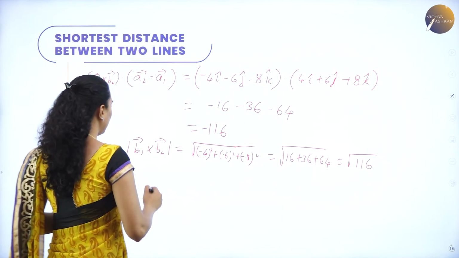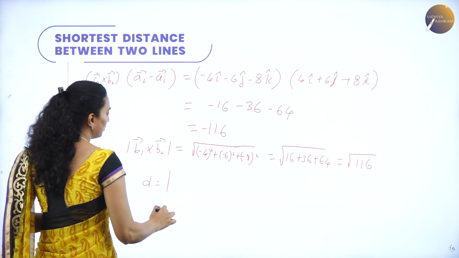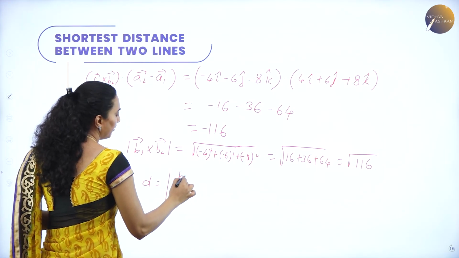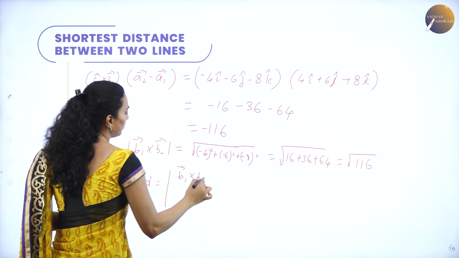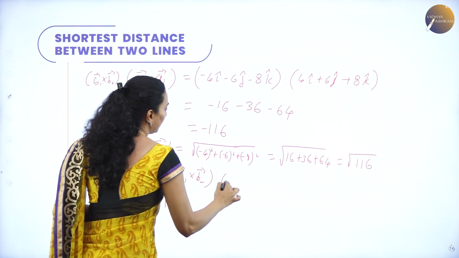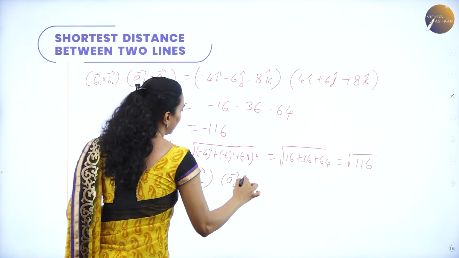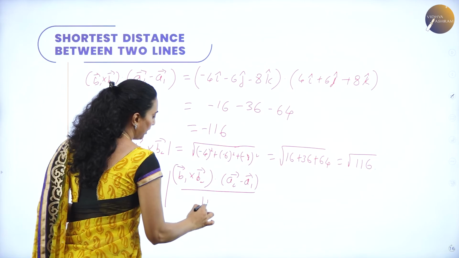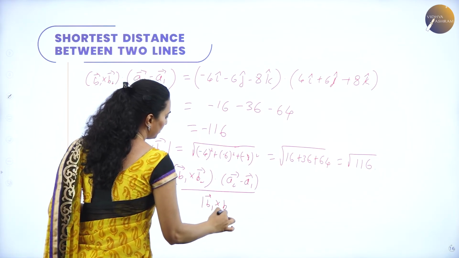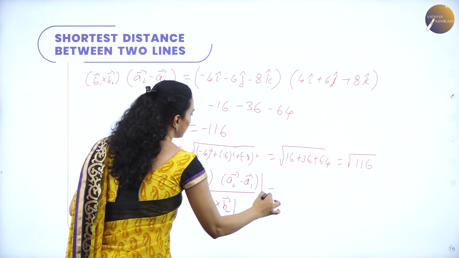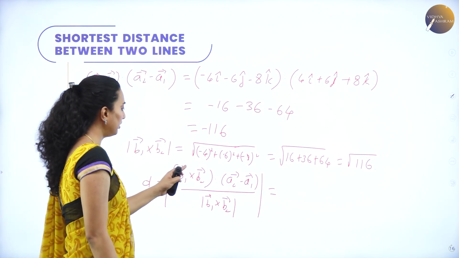So, you can write the formula. D will be equal to the magnitude of B1 cross B2 dot A2 minus A1, divided by the magnitude of B1 cross B2.